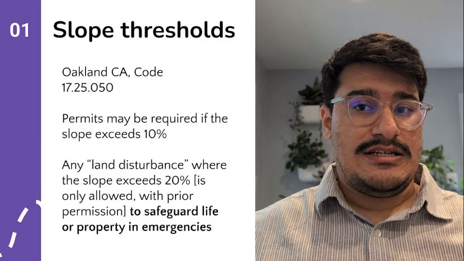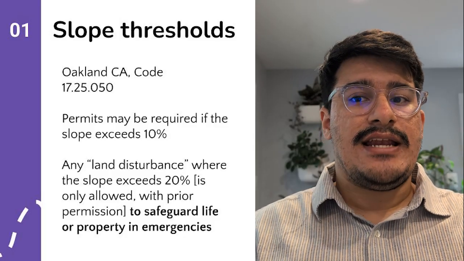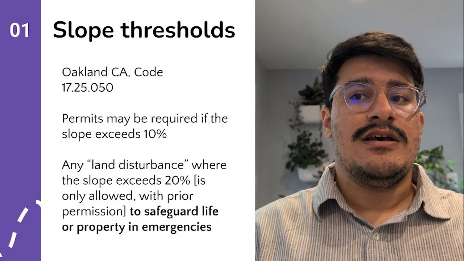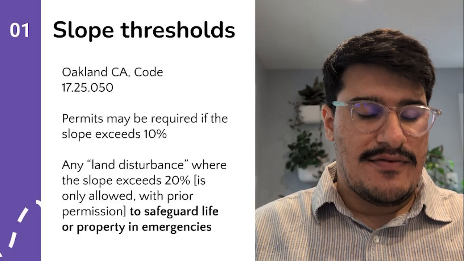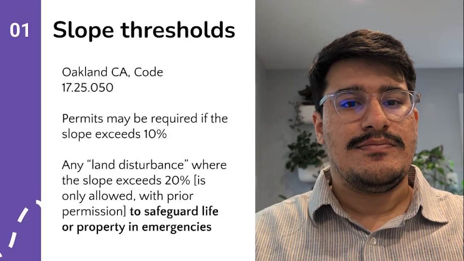So it's really strict. In Berkeley, any land steeper than 8% cannot even be used as open space. So the East Bay, probably because of its topography, is rather strict with development on slopes.